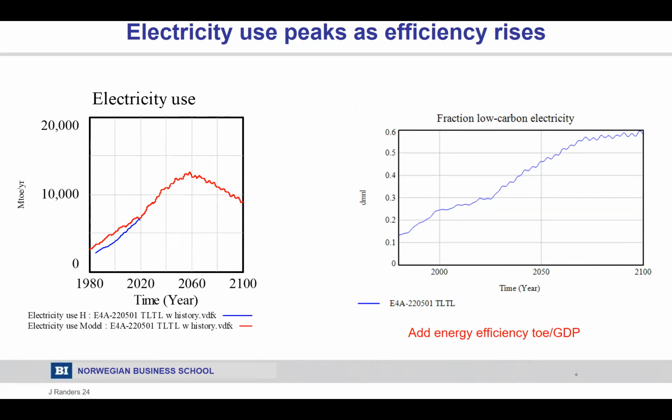And to the right, you see in the base run the fraction of low carbon electricity, the amount of sun and wind and hydro and nuclear that is part of the equation. And you see, even in our base run, where we assume decision making in the same style as during the last 40 years, that fraction actually reaches 50% in the 2050s.